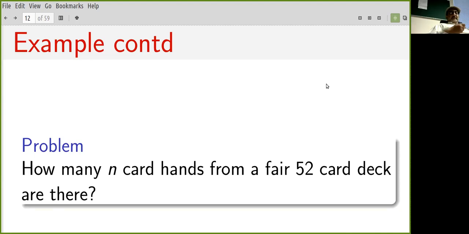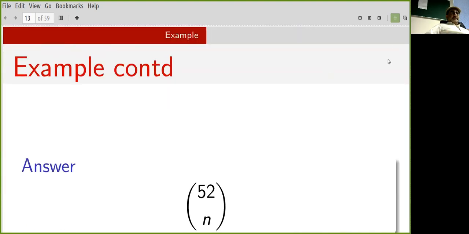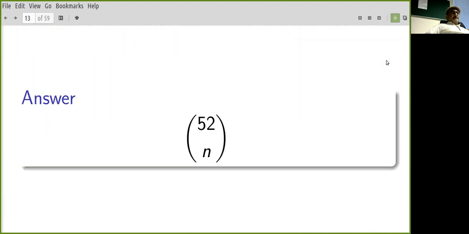And the order within a hand is not important, and the order within the remaining cards is not important. So there are 52 choose n n-card hands.